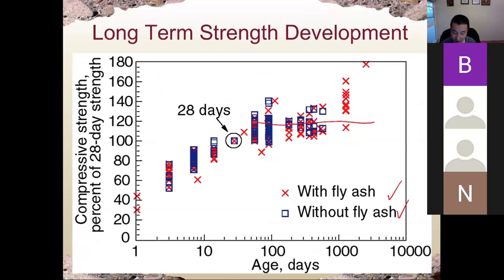For concrete with fly ash, which is the red class, the strength will keep going up after months or even years. This is again because the pozzolanic reaction is a slow reaction. It needs continuous moisture curing over a long period of time.